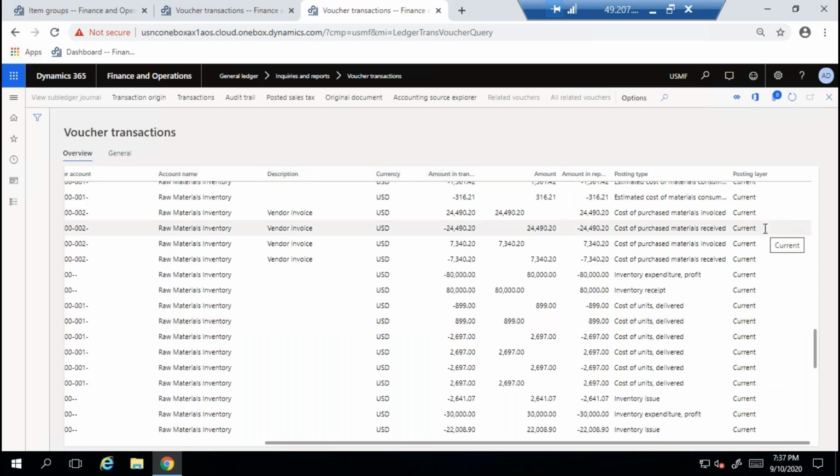Based on the voucher, some are empty and some can be populated. This kind of reporting, without drilling down through multiple levels, like clicking here, going to transaction origin, and seeing all the amounts there. Without that drilling down, is there any reporting functionality out of the box?